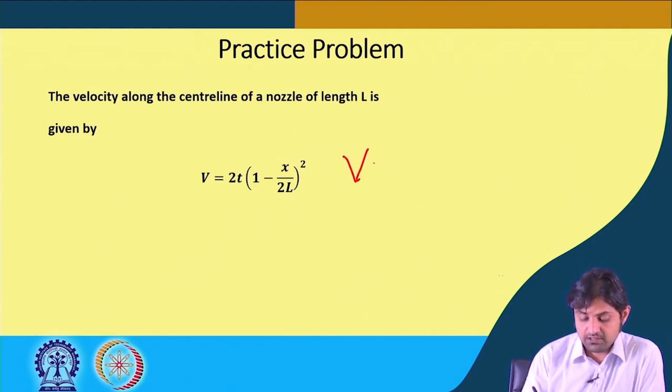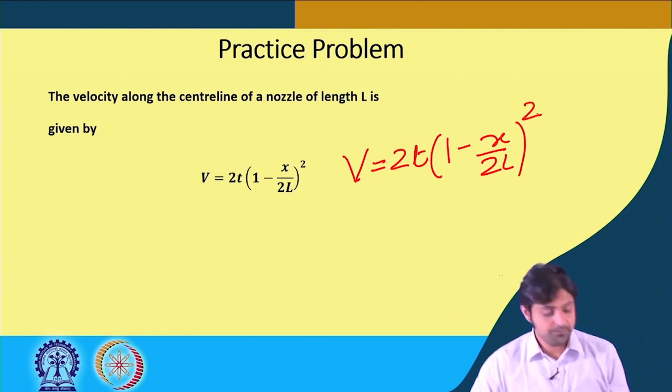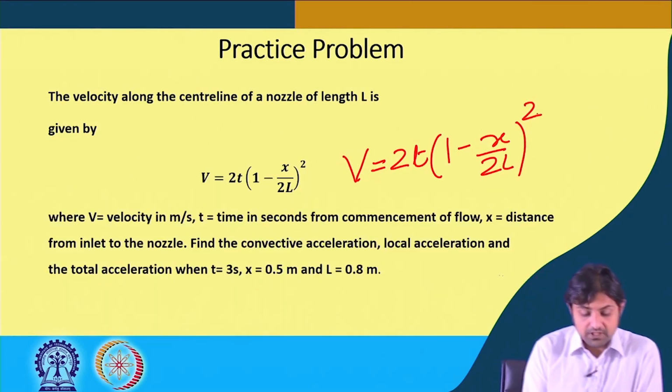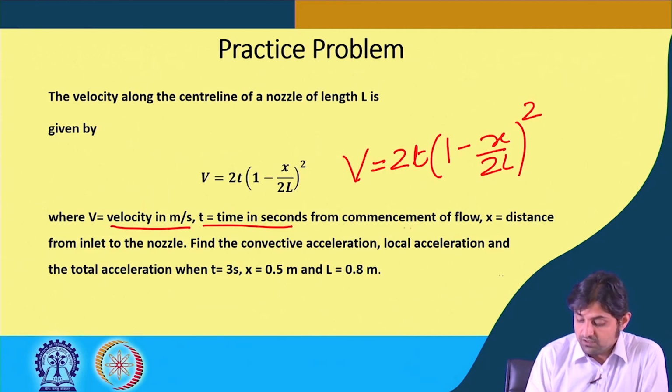Here V is velocity in meters per second, time t is in seconds from t equal to 0, and x is the distance from the inlet to the nozzle.